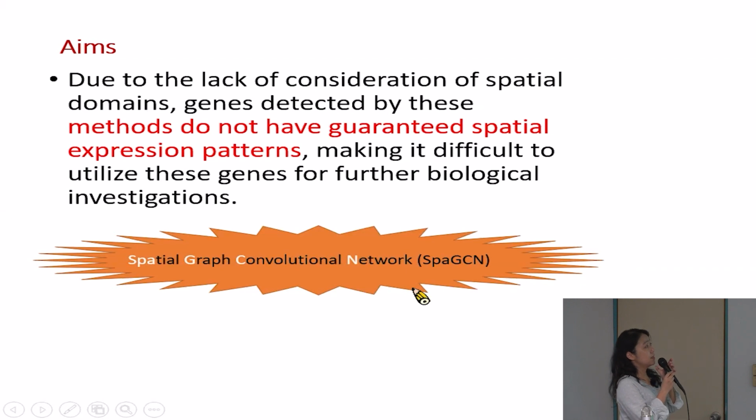So in this paper, they aim to understand how we can define the spatial domain. Because previous methods do not guarantee the spatial expression pattern, it's hard to understand these genes for further biological investigation. So in this paper, they also want to develop a new technology called the Spatial Graph Convolutional Network, SpaGCN.